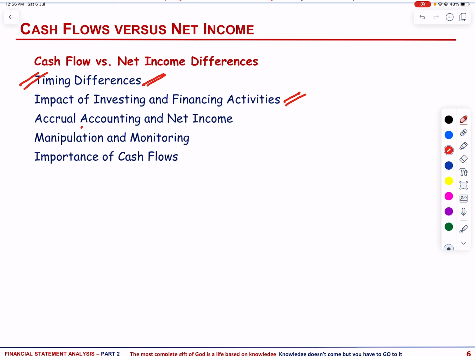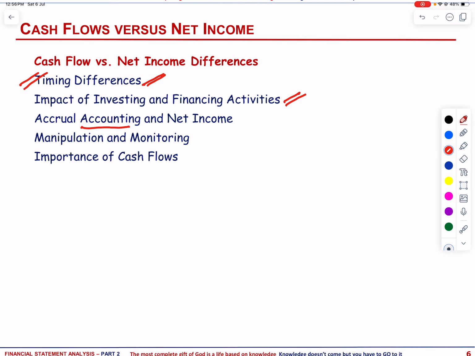Then accrual accounting measures profitability by recognizing revenues and expenses when earned or incurred regardless of cash timing. Accrual based income is considered more predictive of future cash flows than actual cash flows.